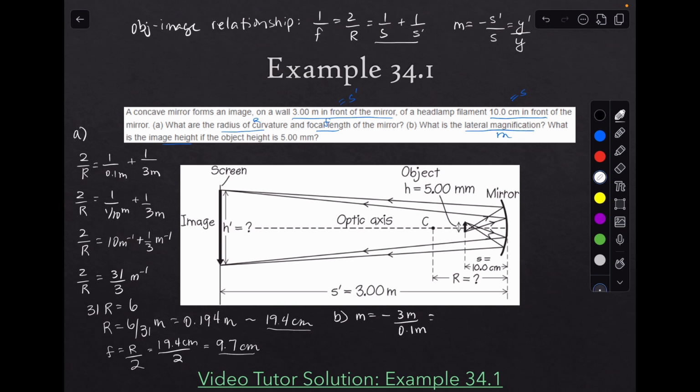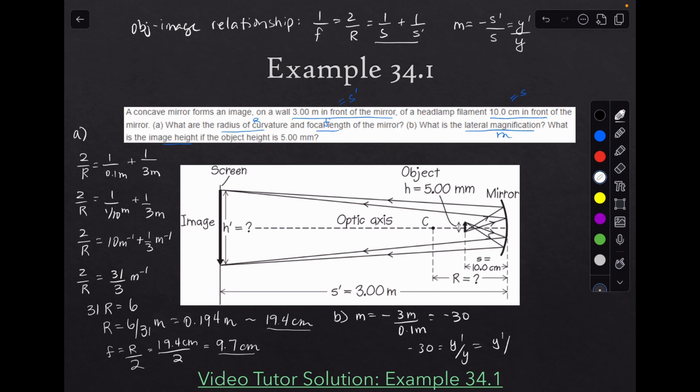Okay, so the lateral magnification is -30. And now we can figure out what the image height is, since we only know the object height. So we know that -30 must equal image height over object height. So we're solving for y prime.